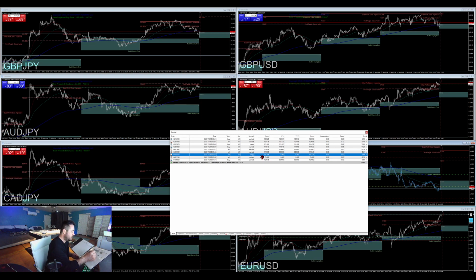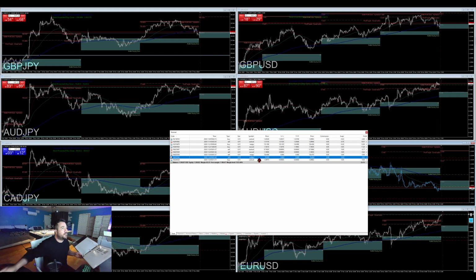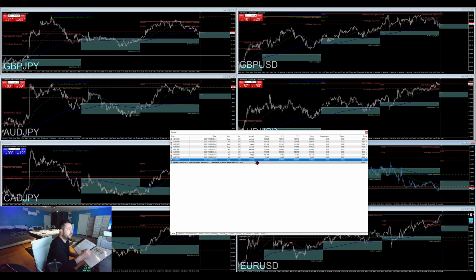This one is a sell. Swing trade. 5543, Australian Yen. Sell. Swing. The last one is a buy, 6528, and that's a USD CAD. And that one's a swing.